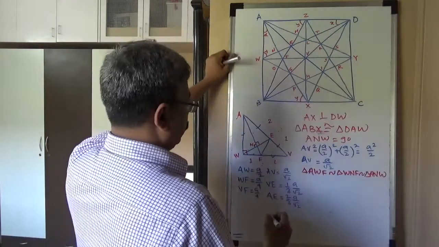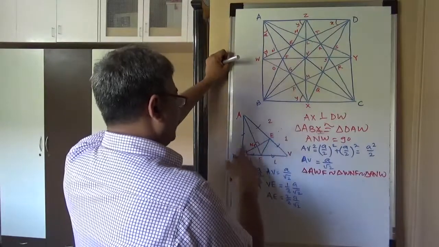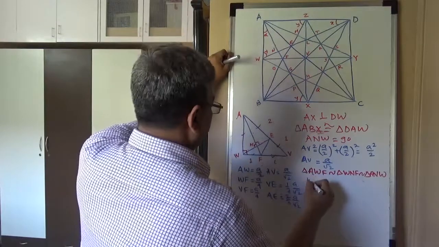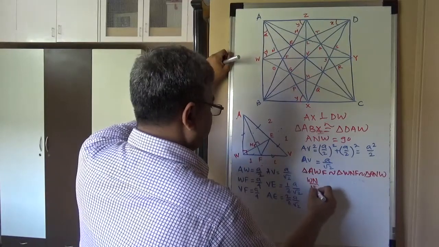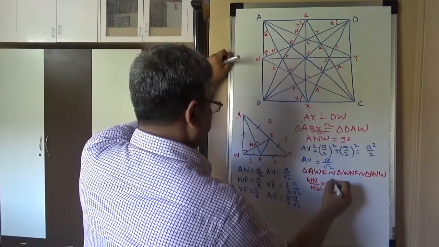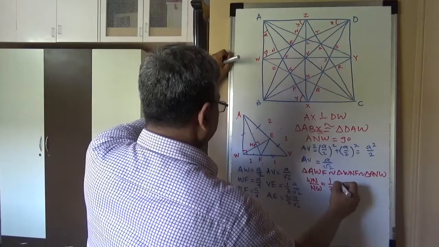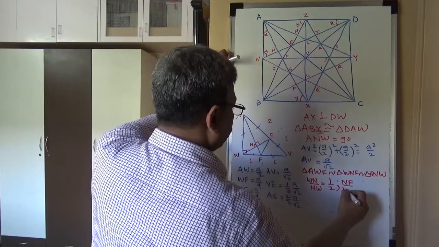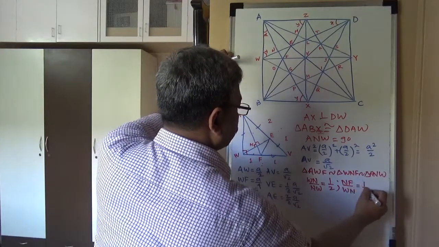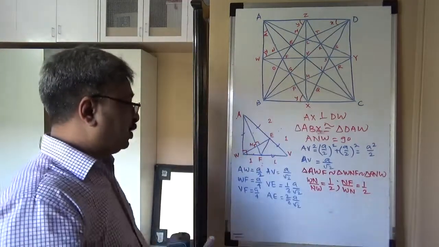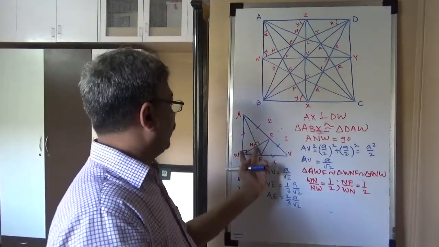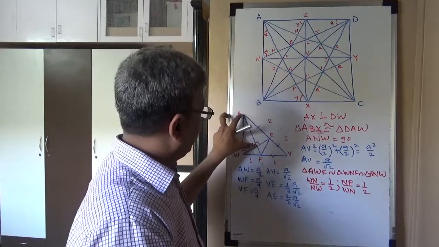If we write the ratios, we will see that 1:2 are the two sides of each triangle. Therefore WN upon AN is equal to 1 upon 2, and similarly NF upon WN is also 1 upon 2. So if we use these ratios now, we should be able to find out WN and AN.